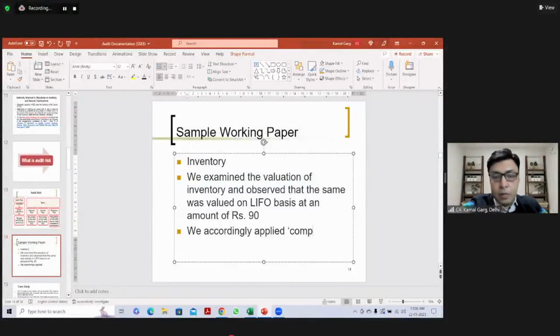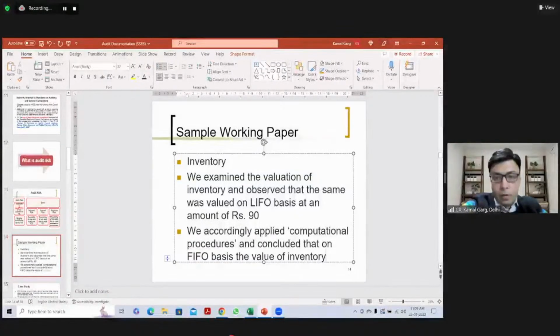We accordingly applied computational procedures and concluded that, see the word concluded, sorry for the spelling mistake, I'm not good in typing, and concluded that on FIFO basis, the value of inventory should be rupees 100. Just give me a moment.